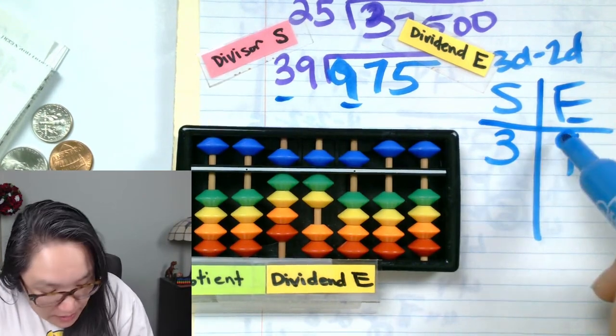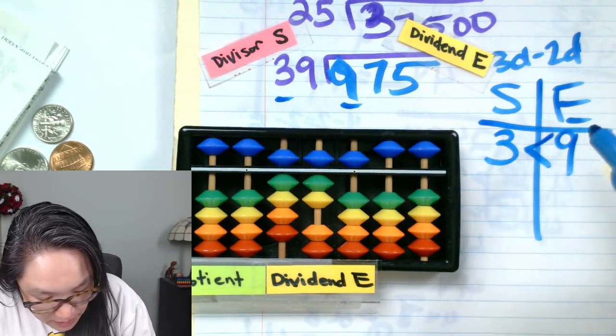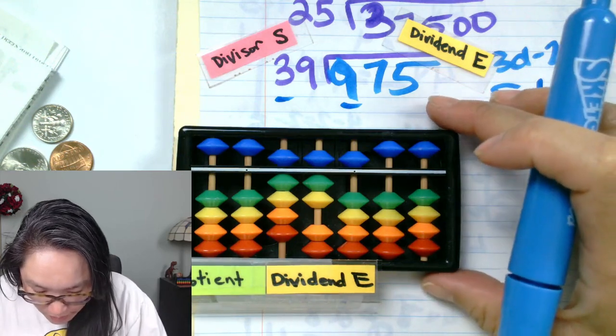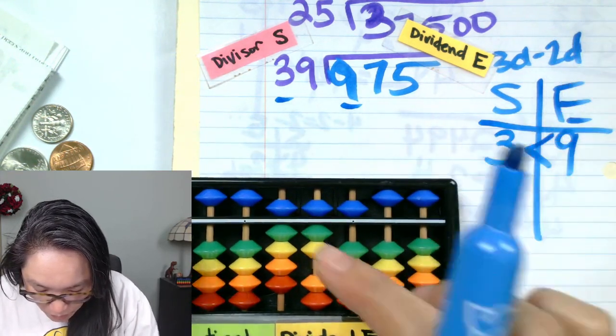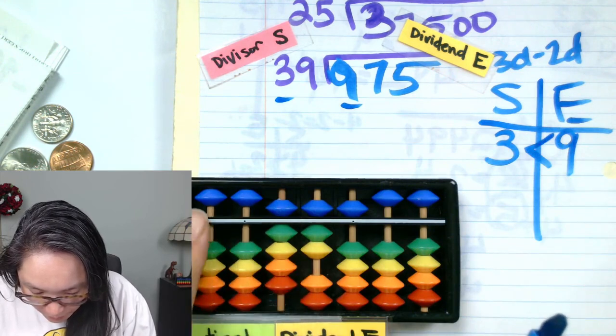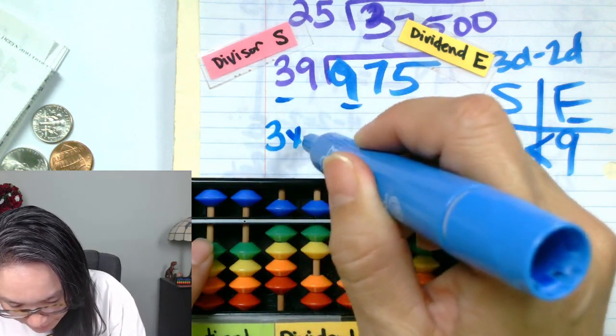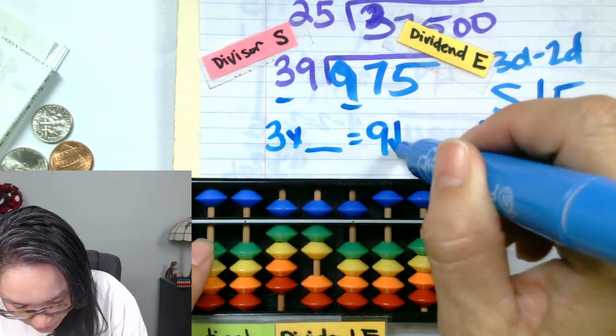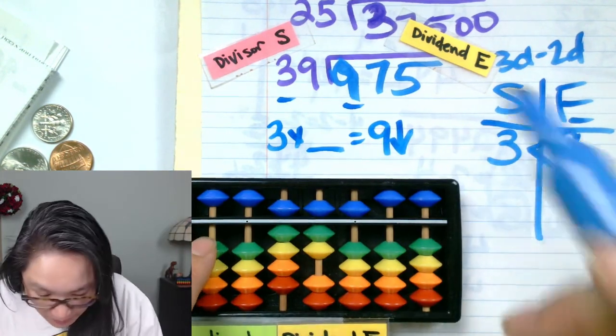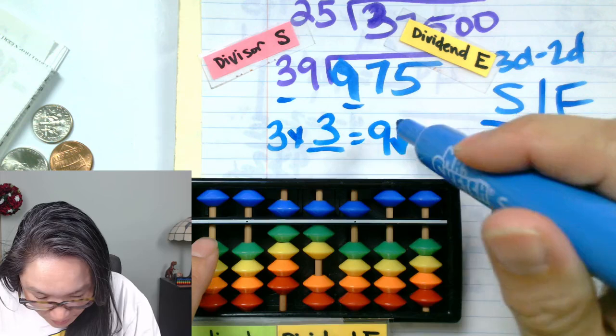Because the dividend is smaller, we're going to only use one column and skip one column. So 3 times what is equal to 9 or less? 3 times 3 is equal to 9.